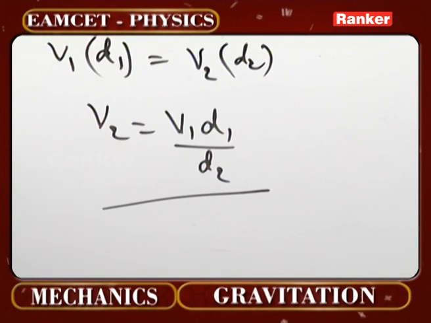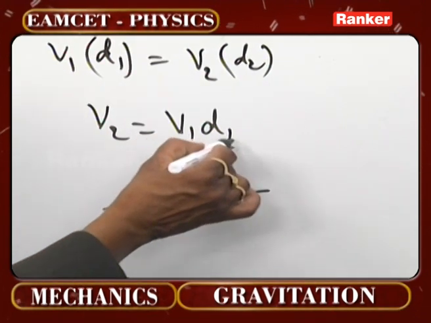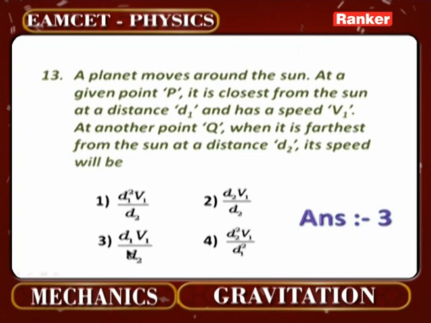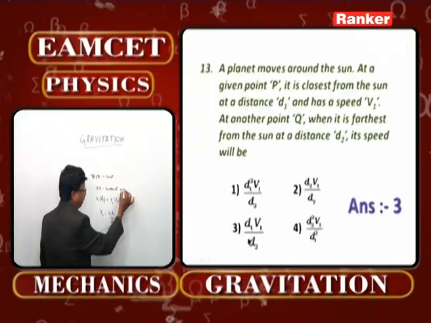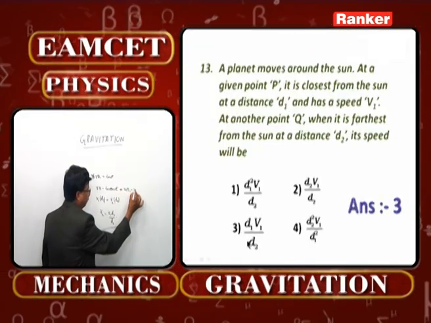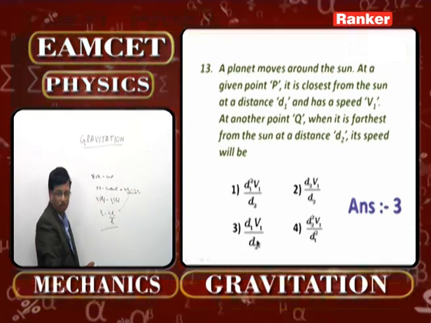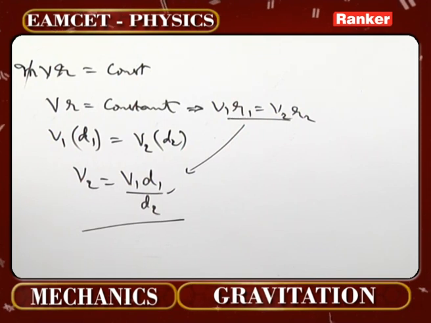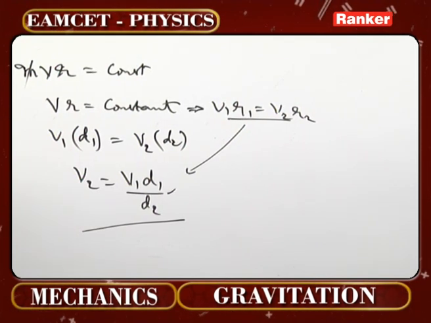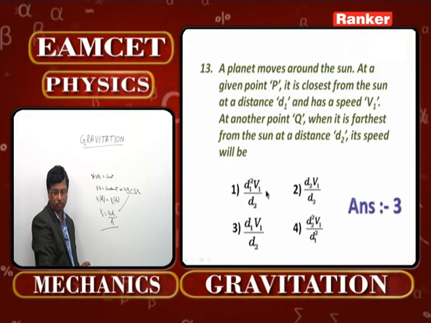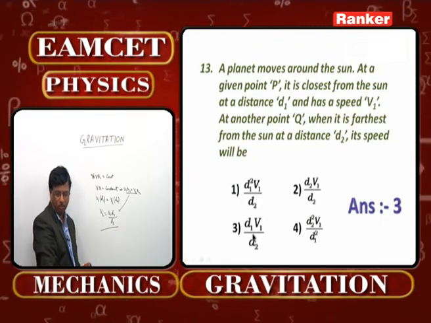If you look at the third option, that exactly tallies with this. The moment v into r is constant, you can even write this as v1 r1 is equal to v2 r2. This is the formula I have applied here to calculate the velocity of that planet at another point, say Q, in this particular question. That is 13. Right, the correct option is 3 for that.